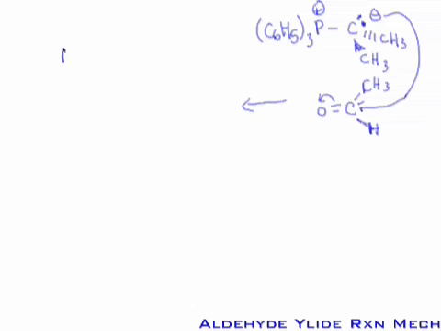And what you end up with when that happens is your P with 3 phenyls off of it, so C6H5, 3 times. Off of the P, which still has a positive charge, is a carbon, and the methyls are now pointing up and away.